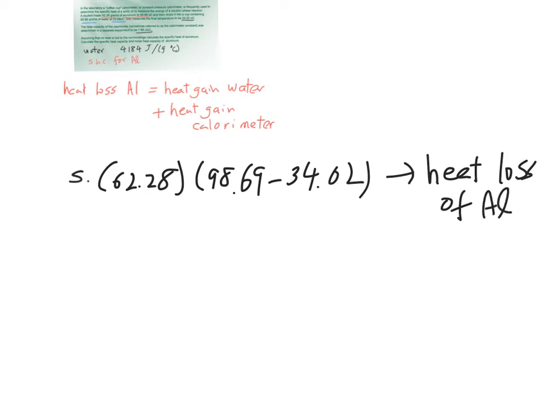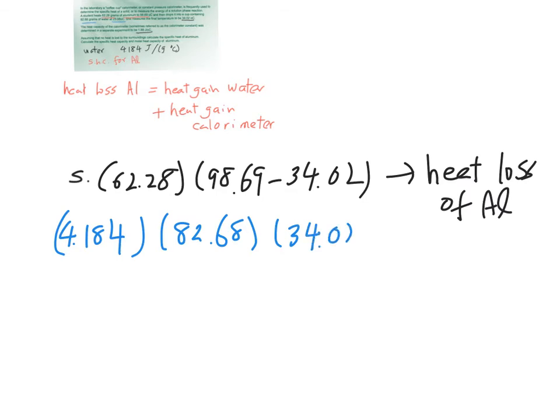The heat gain of the water is 4.184 multiplied by the mass of the water, which is 82.68, and by the temperature gain, the final temperature 34.02 minus the initial temperature 23.08. This is the heat gain of water.